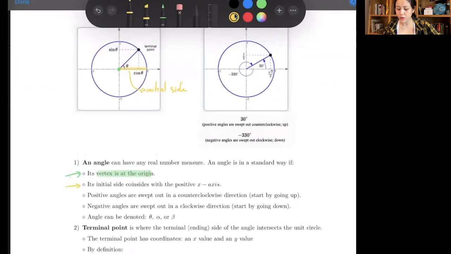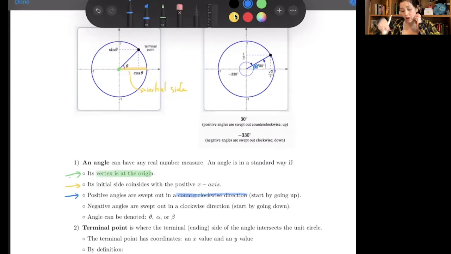Positive angles are swept out in a counterclockwise direction. Maybe I'll denote it in blue. If I sweep out an angle in a counterclockwise direction, I'm going to have a positive angle. If you look at the picture on the right-hand side, here's my angle theta, and theta is equal to 30 degrees.